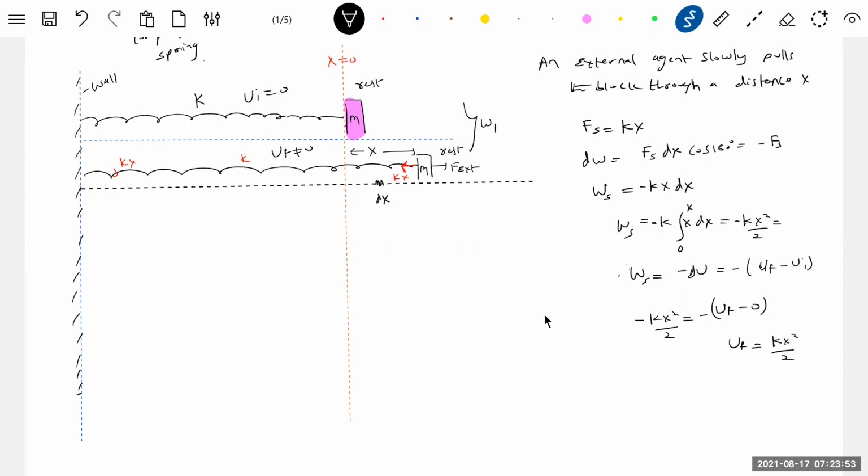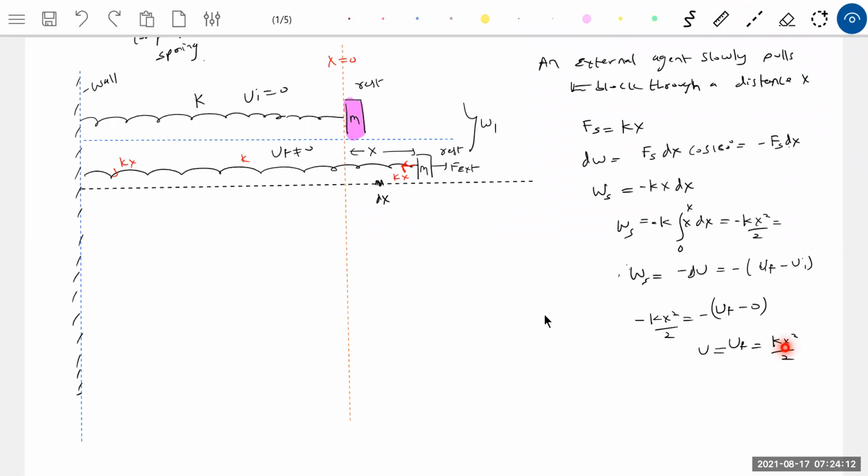That's all, no? Like this energy, we will call it U. So what is the energy stored in the spring? It will be kx square by 2. Means if you elongate the spring by x, what is the energy stored? kx square by 2. What is x? x is the elongation here.